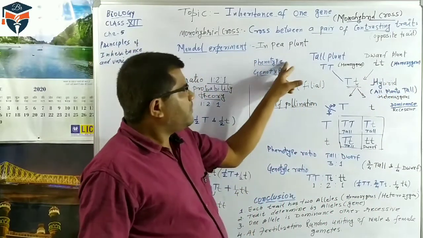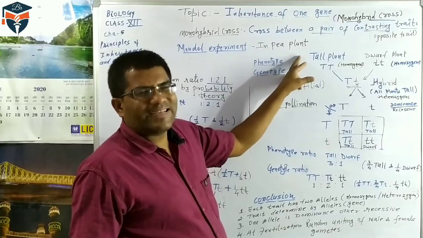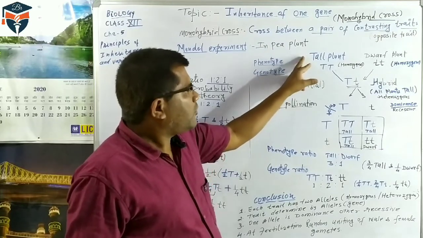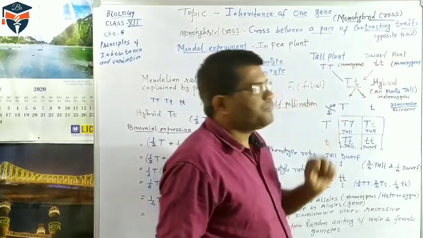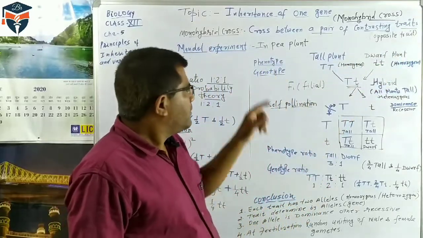I told you phenotype is the physical external feature, so tall is a phenotypic character, and dwarf is also a phenotypic character.